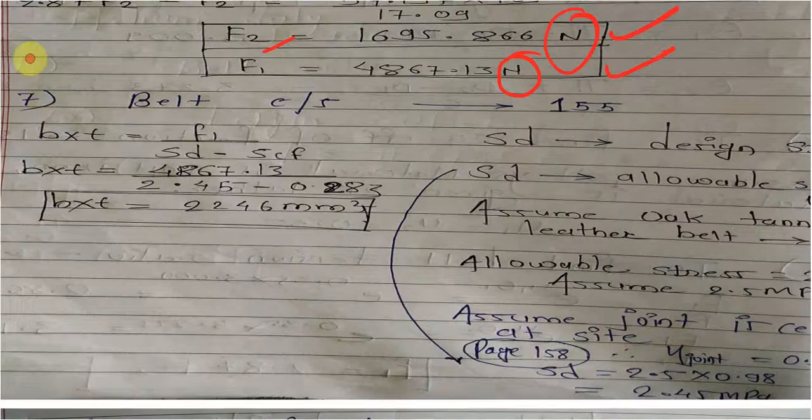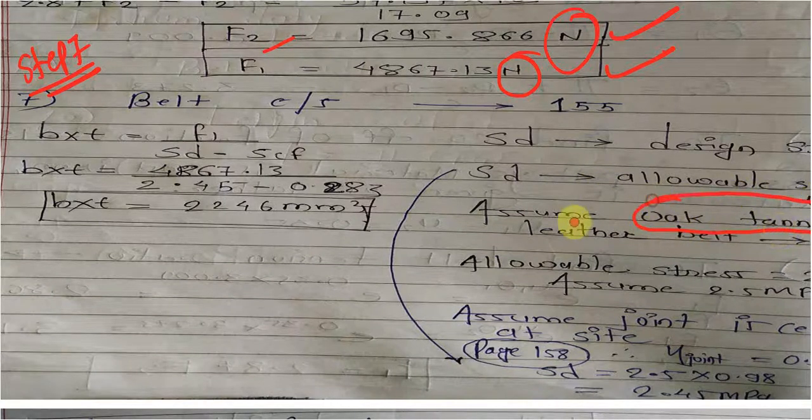Now step number 7, belt cross section, page 155. B multiplied by T equals F1 divided by (SD minus SCF). SD is the design stress, SD is equal to the allowable stress. Always assume an oak-tanned leather belt, and always assume the allowable stress as 2 to 3 MPa.